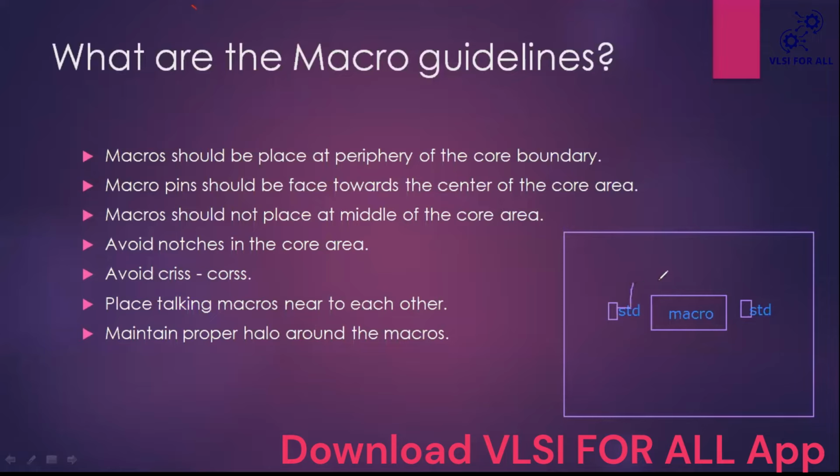If there is a connection between these two standard cells like this, it is taking more area, and those lengths will be like this when the macro is in the middle. If there is no macro, then how will they connect? Like this, they will connect. But there is a macro between them.